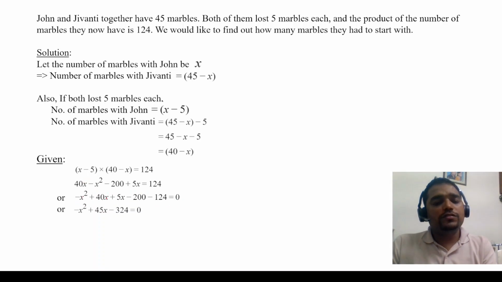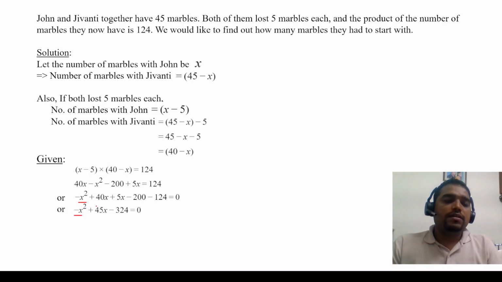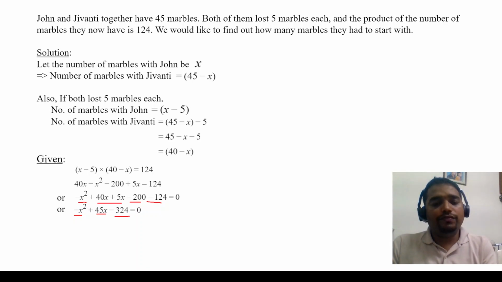Now we have to simplify by adding or subtracting the like terms. For minus x square, there is no like term, so it stays as it is. 40x plus 5x is 45x. Minus 200 plus minus 124 gives minus 324. So the 5 terms in the previous equation are now 3 terms.